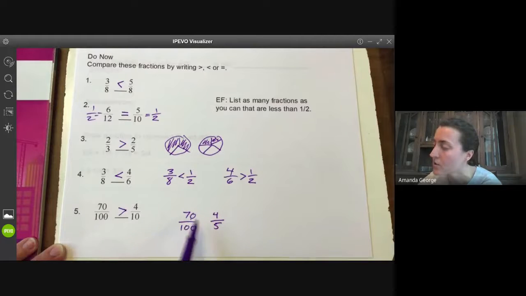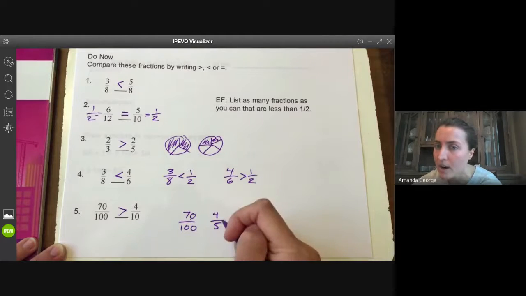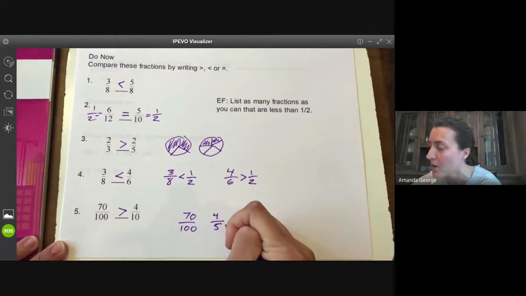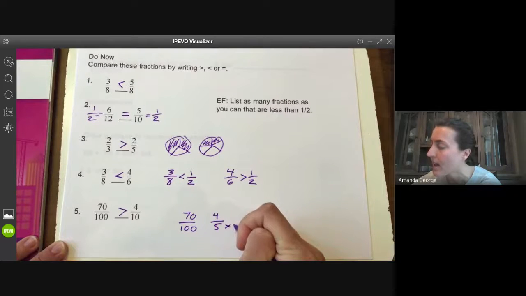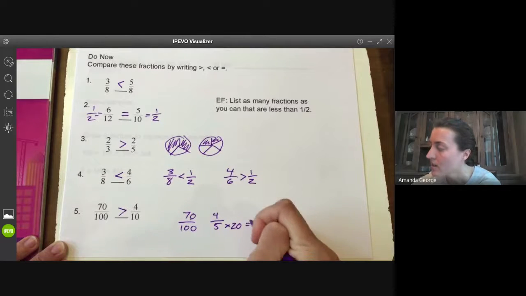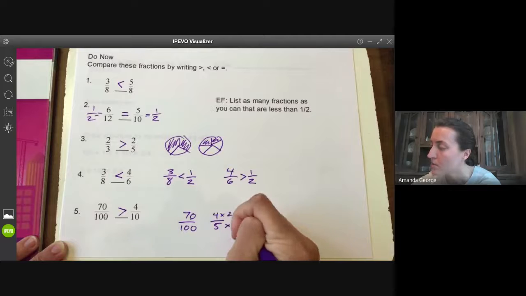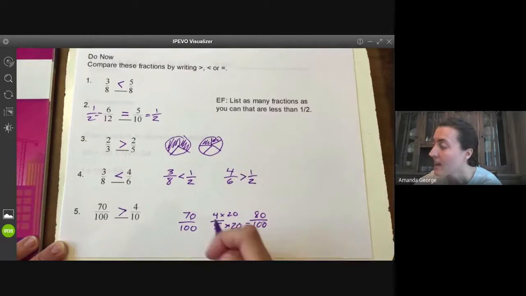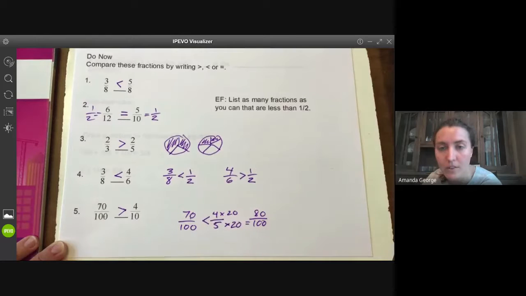So maybe this one's greater, but if we use the power of the equivalent fractions rule, I know that 5 times 20 is 100. So if I do 4 times 20, I'd get 80. In this case, 4/5 is greater, so we have to be careful to always consider the denominator.